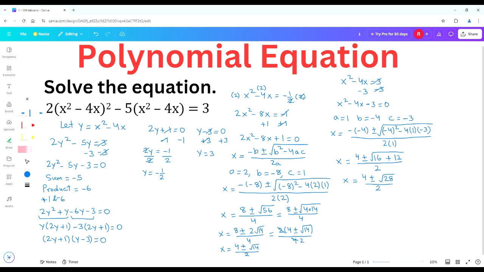We can simplify square root of 28 by breaking it down into 4 times 7. Square root of 4 is equal to 2. Next, we can factor out a 2 from the numerator.